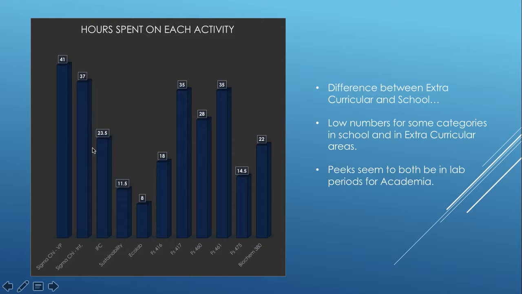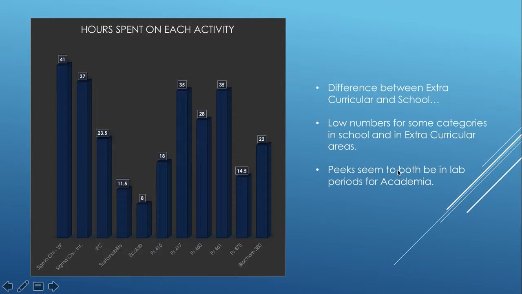I guess for extracurricular, this university position was the one I'm talking about, but school was the more important one with the low numbers. Only spending 18 hours over the course of 4 weeks on a 400 level class, and over here 14.5 hours on this class and 22 for a biochemistry 4-credit class. That's just not very much, and so those were not great.